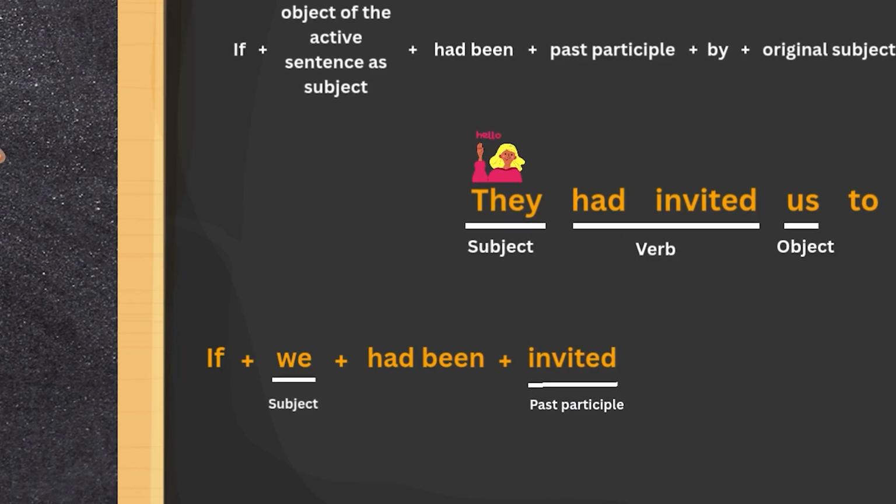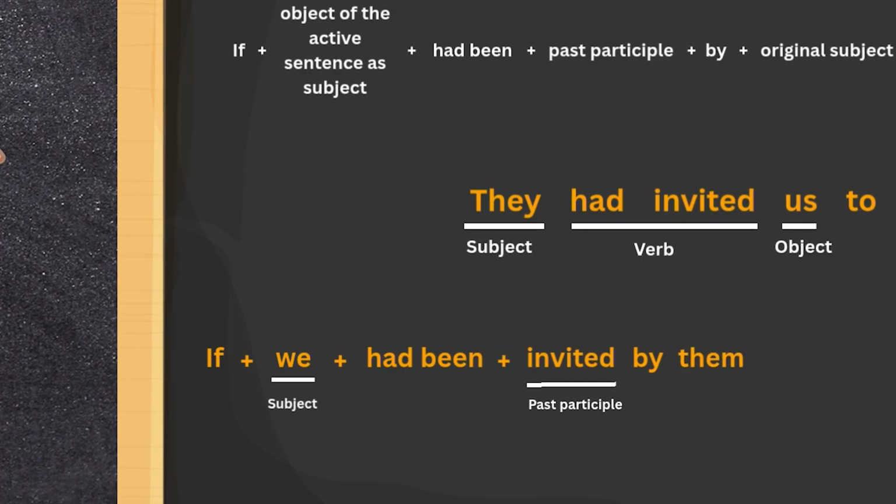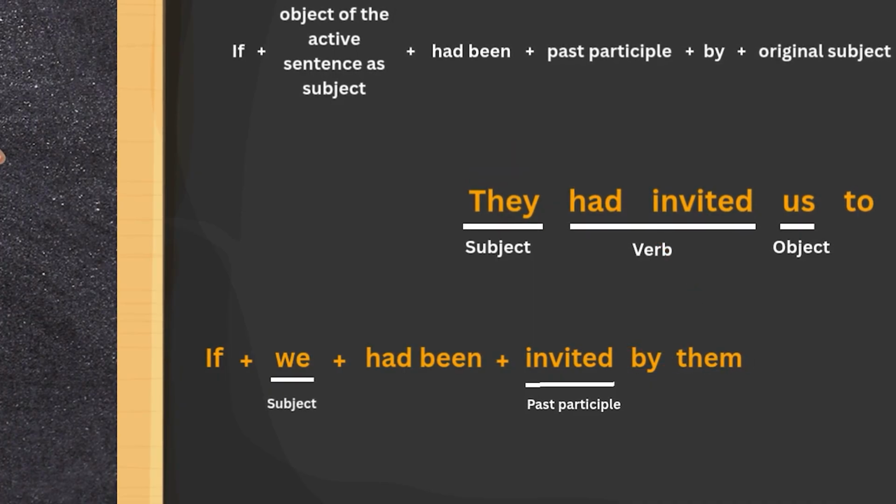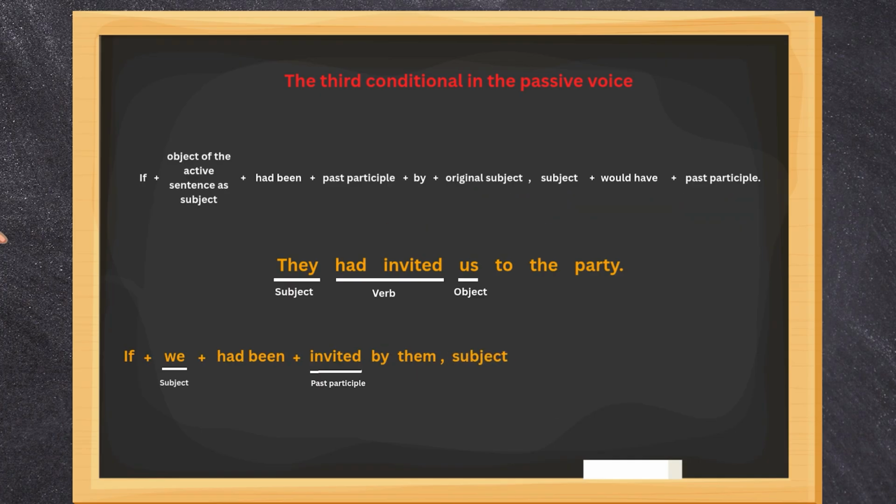Optionally, you can add the original subject at the end of the if clause with by. So we change they to them and put it after by. Finally, add a comma and then the subject plus would have plus past participle in the main clause.